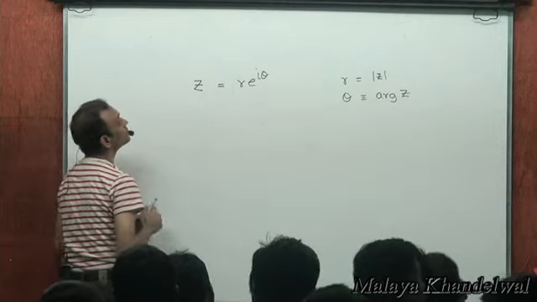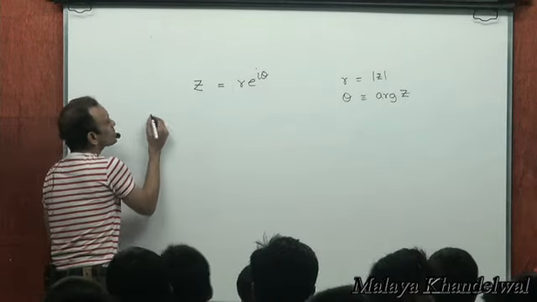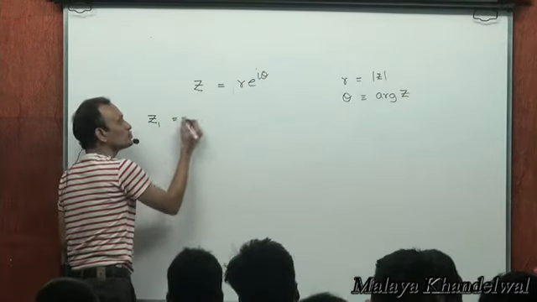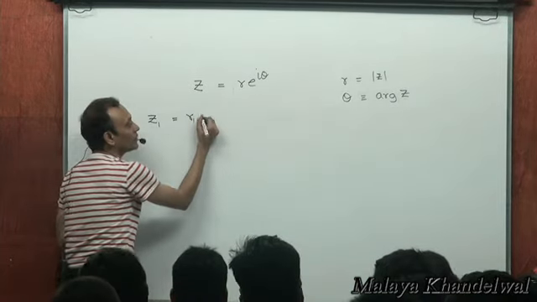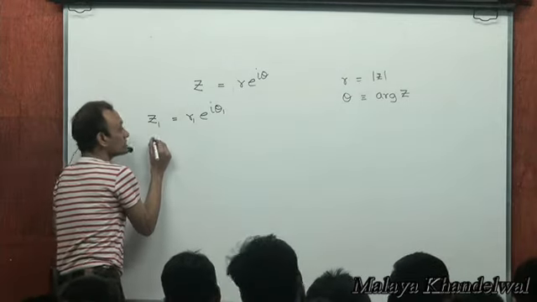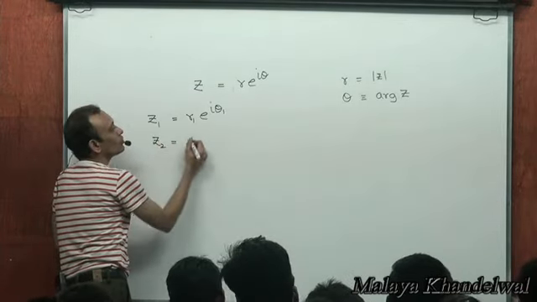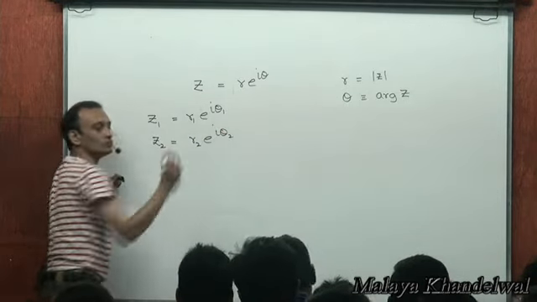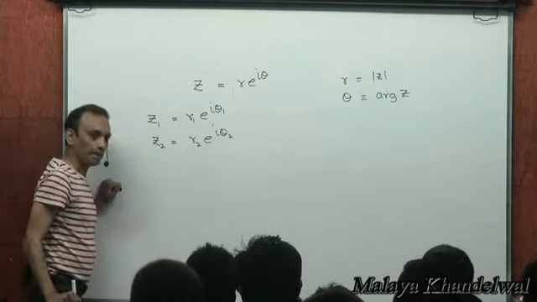Now, suppose there is one complex number z1 whose modulus is r1, whose argument is theta 1. There is another complex number z2 whose modulus is r2, whose argument is theta 2. Right?